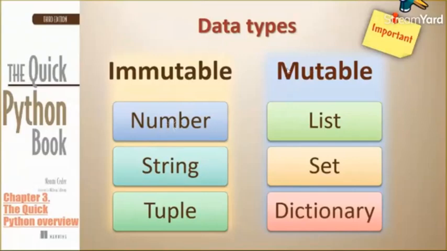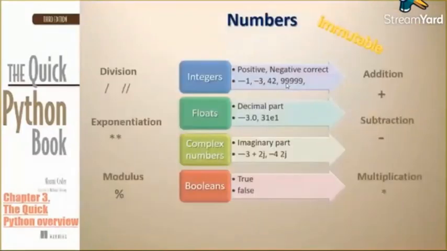Numbers are immutable. There are four categories of numbers: integers, positive, negative, correct numbers. As we know, floats have decimal points.